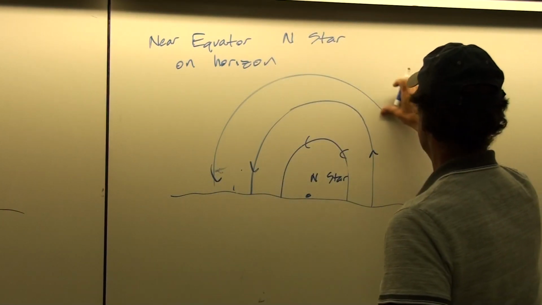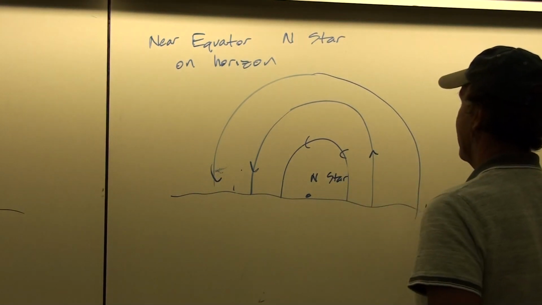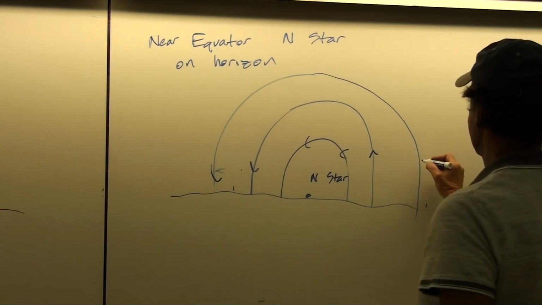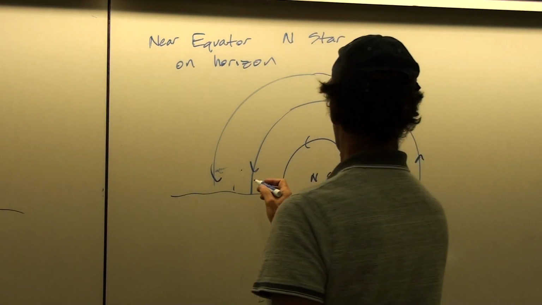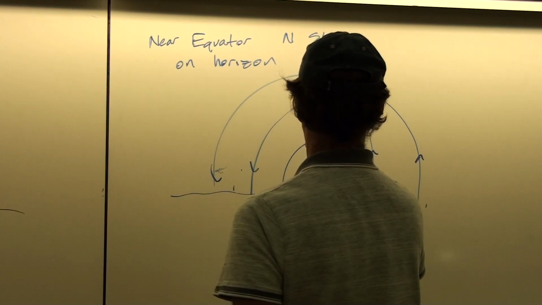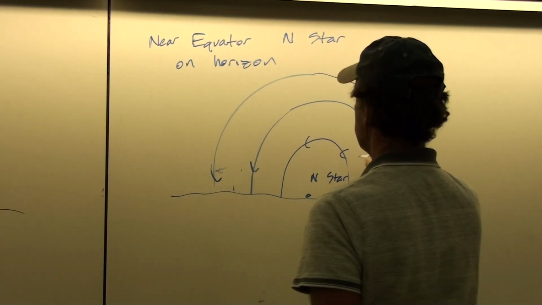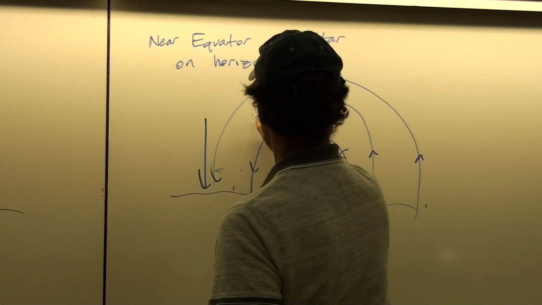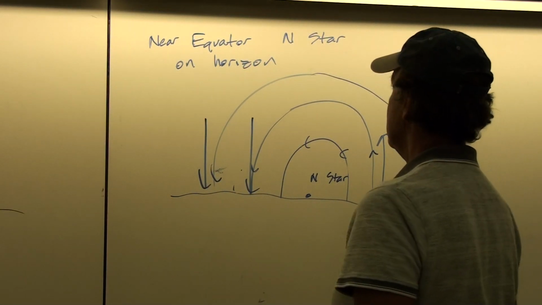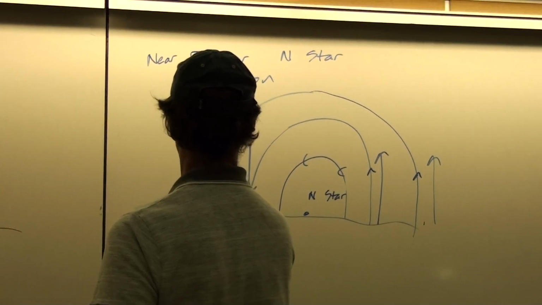And so we can see then that if you're on the right side of this North Star position, the stars would be moving up. If you're on the left side, and so this would basically be then the western side. This would be the eastern side. Stars would be moving up over here. The stars would be moving down over there. But in either case, the motion of the stars is vertical near the equator.